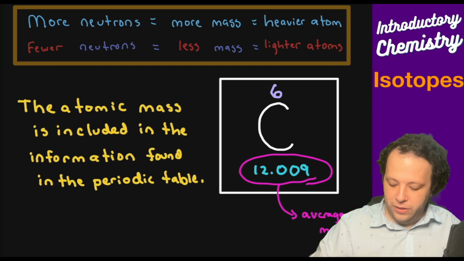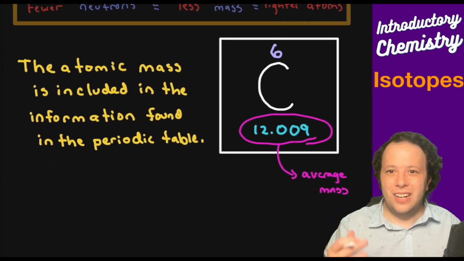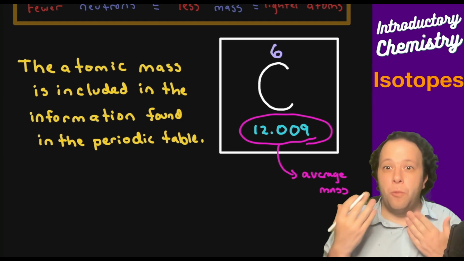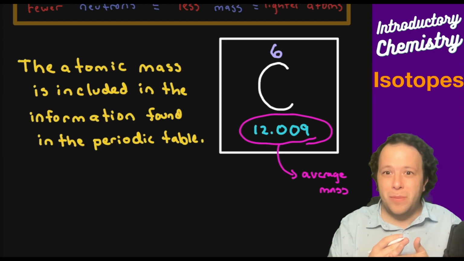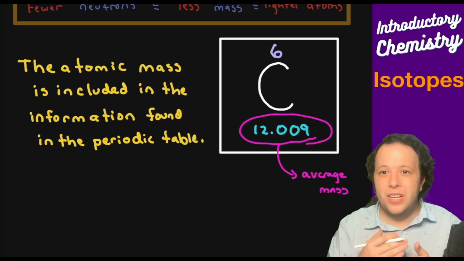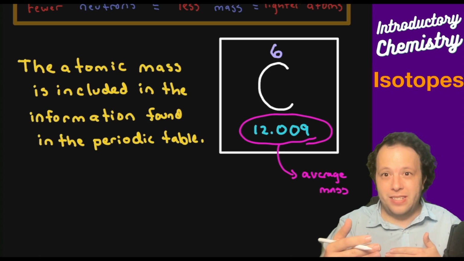It does not completely and accurately show each individual isotope. It's an average of all of them, or a weighted average of each individual one. In fact, carbon has multiple isotopes. Let's try to get into this to see exactly what this is going to look like.